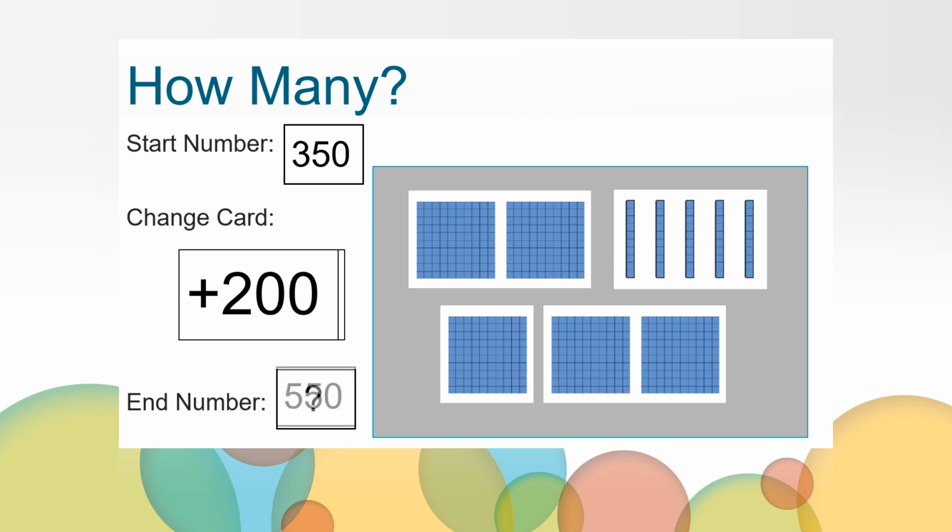Was your prediction correct? 550 is our new end number. What are you noticing every time we add more hundreds? What's staying the same and what's changing? If you said the number in the hundreds place was changing, you're correct.